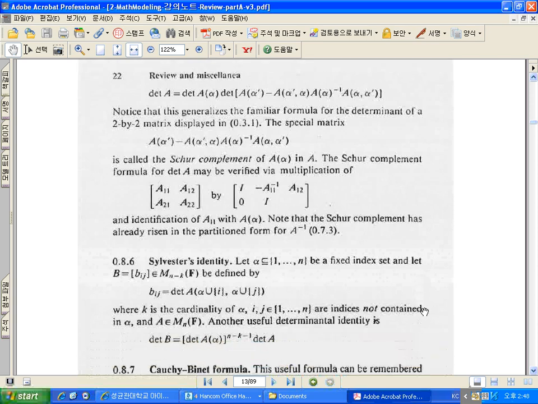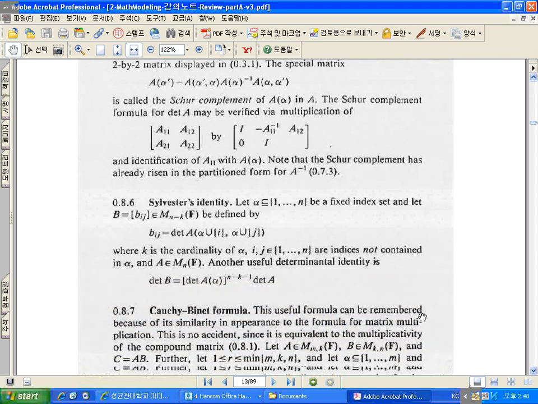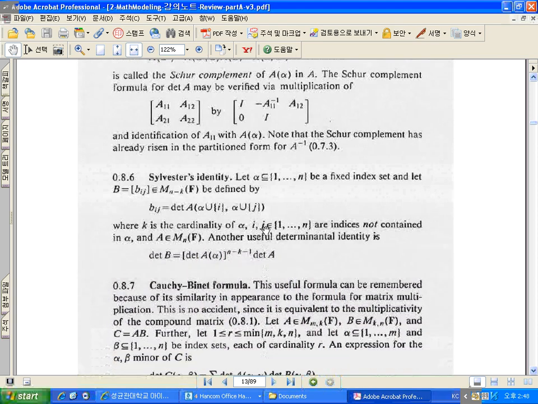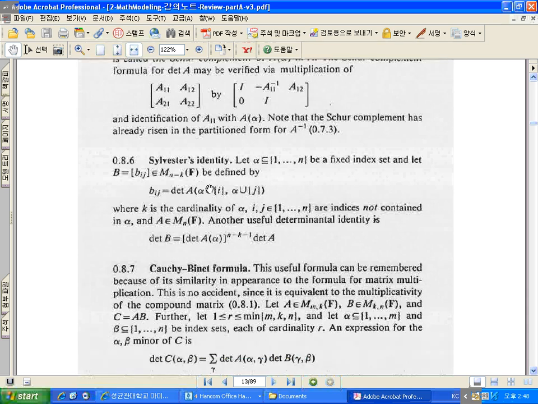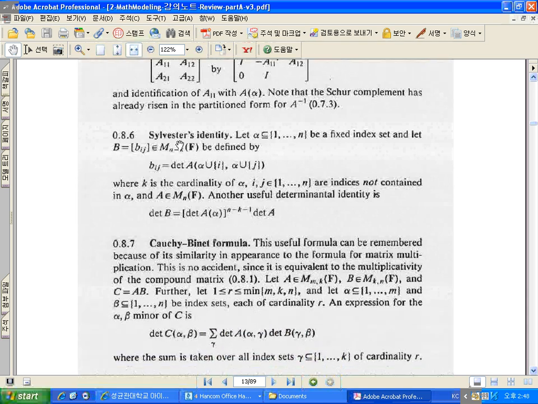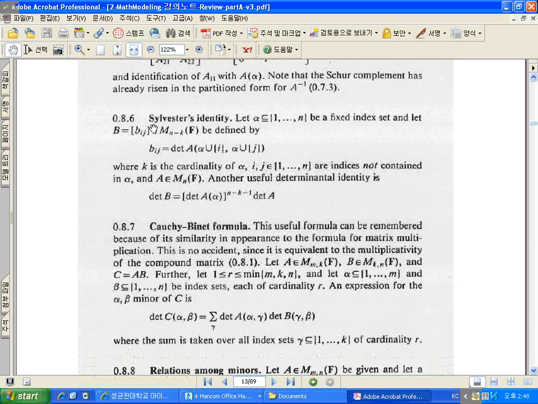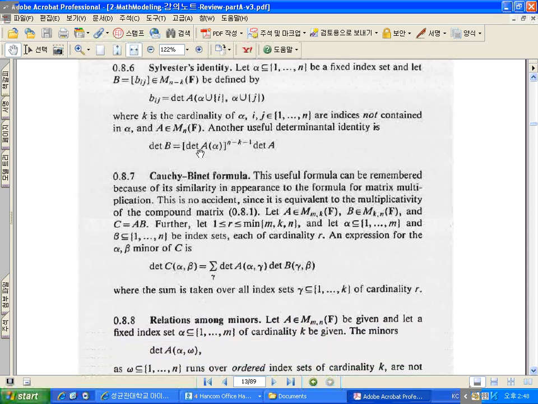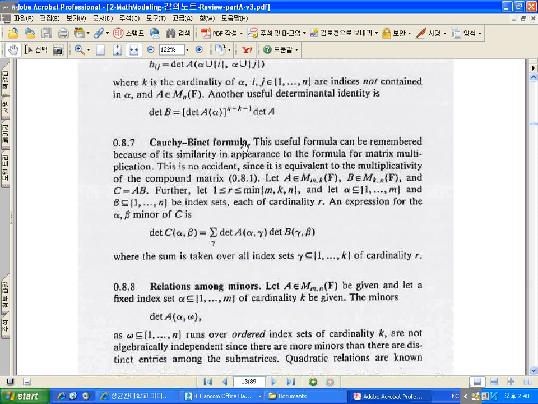Okay, now the review continues. Here, there are other properties of determinants. One is Sylvester's inequality. The more important thing is the Cauchy-Binet formula.